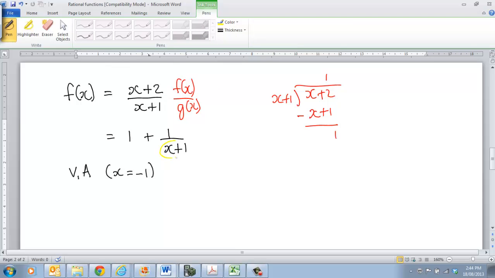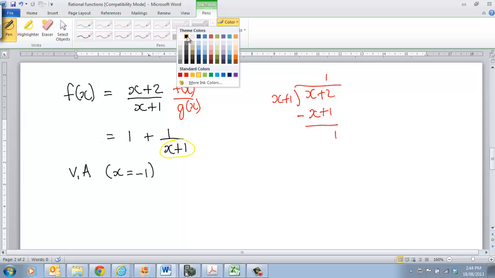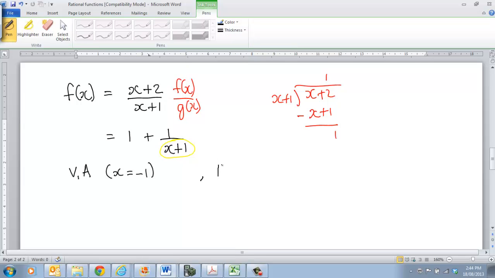If x equals negative 1, then that makes that bottom line 0 and it becomes undefined. Looking at the horizontal asymptote for this, that's going to be when y is equal to 1. Alright, so they are pretty easy to do.